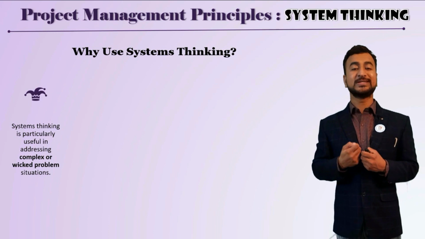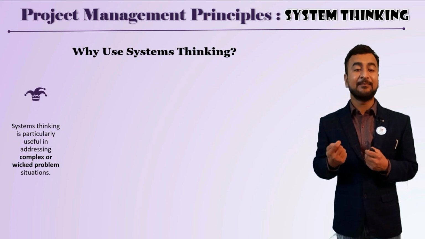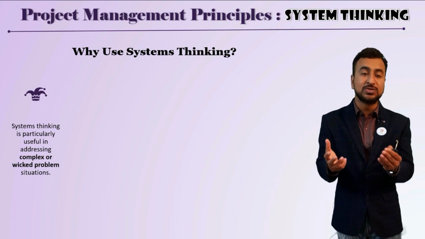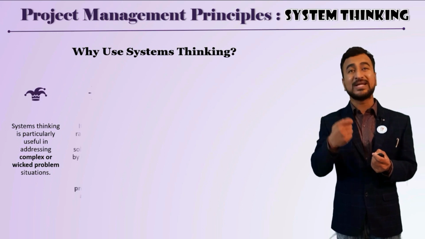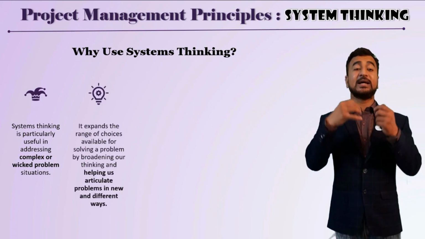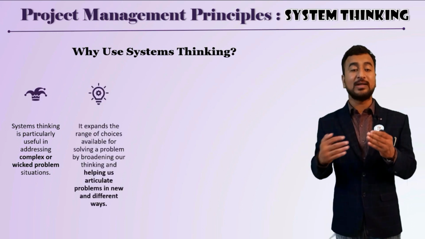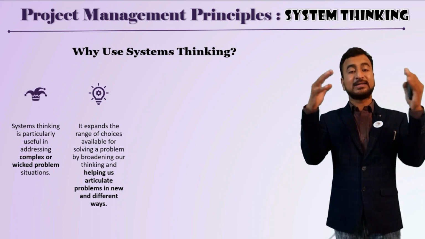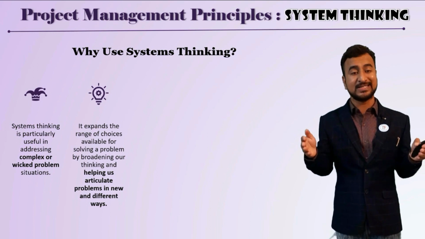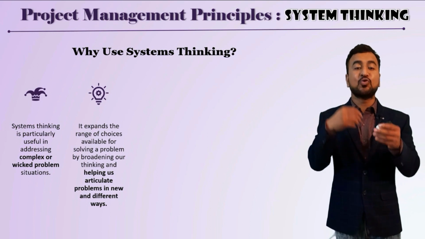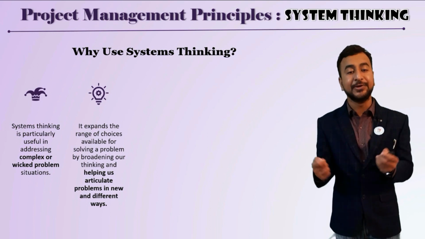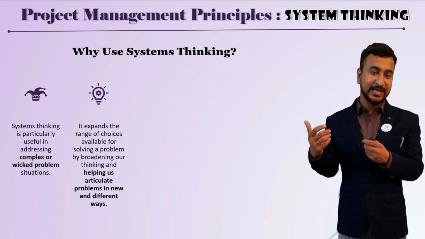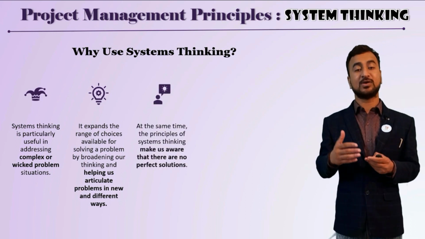Now, why do we use systems thinking? It is used to solve complex or wicked problems. It expands your range of available choices. It helps us articulate the problem in new and different ways, so that we have bigger options available.